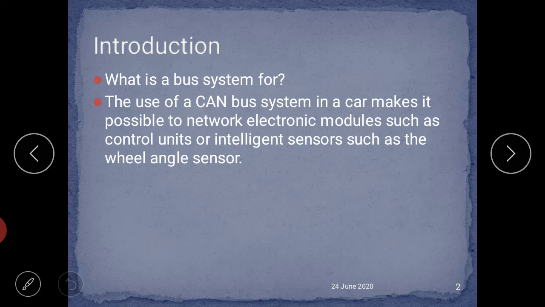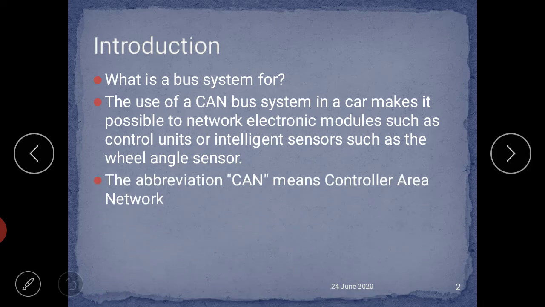So the basic use of this CAN bus, or why we use the CAN bus system, is to connect different controllers inside the car so that they can communicate to each other, they can share the information, they can transmit their information and use it. Okay, basically to connect the different types of controller via common wires. So that is what the bus system is for.